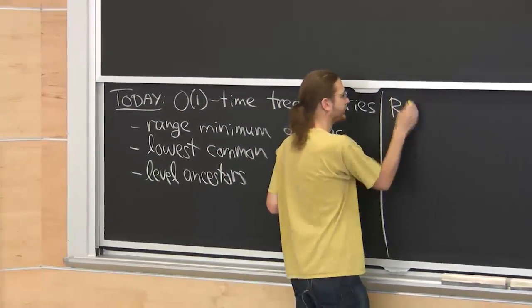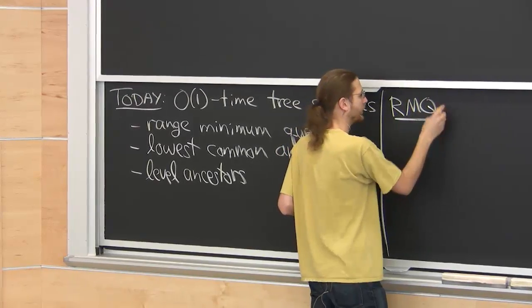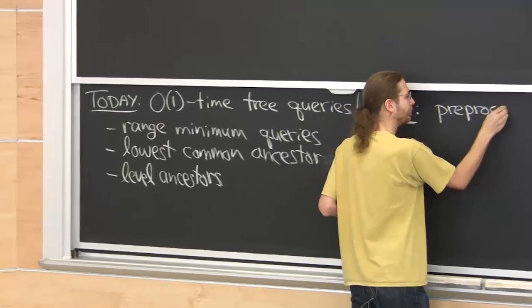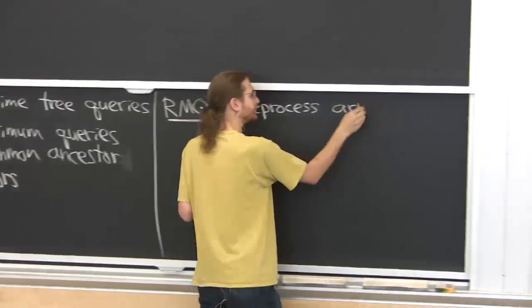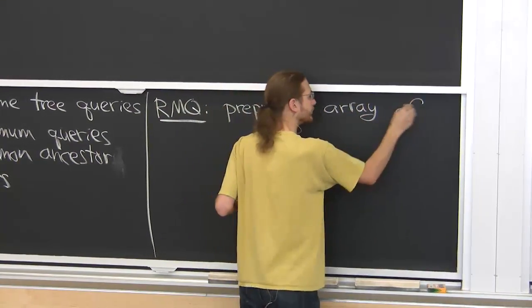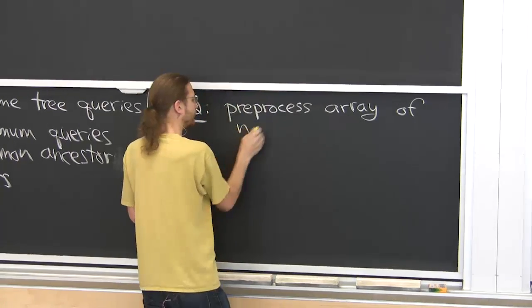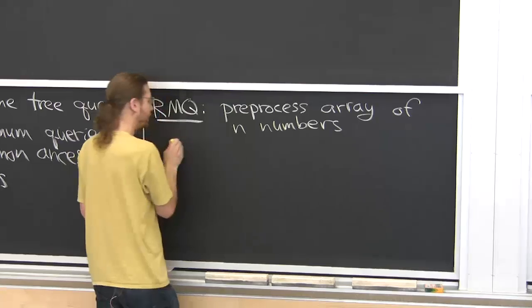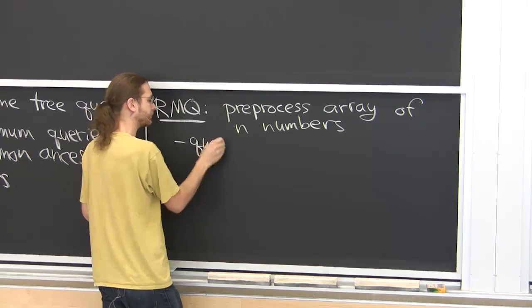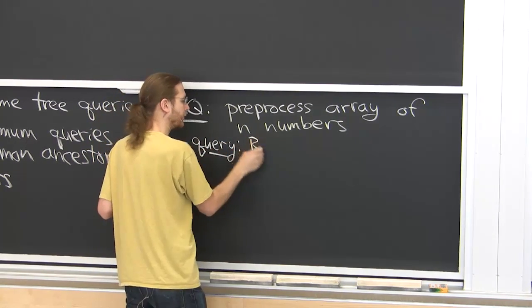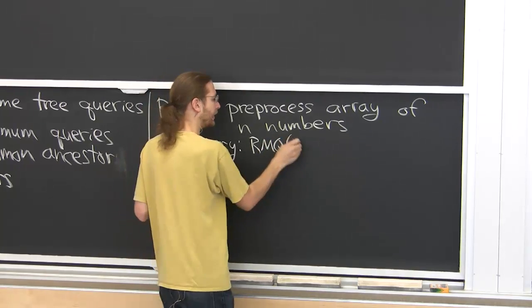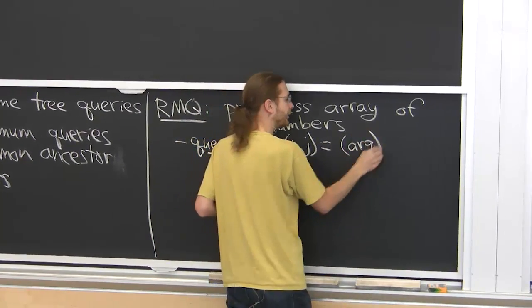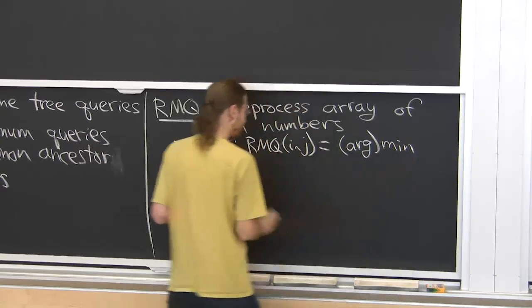Range minimum queries. You're given an array of numbers, and the kind of query you want to support, we'll call RMQ of i, j, is to find the minimum in a range.